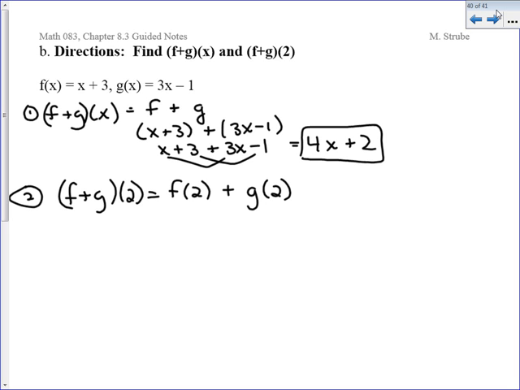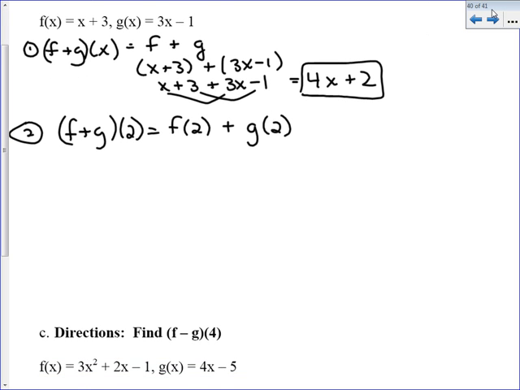That's the easiest way to do this problem because you don't necessarily always have the first piece. So first thing I want to do is find f of 2. So I'm going to go to my f of x function, and I'm going to replace the x with 2. So I have 2 plus 3, which tells me f of 2 is 5.